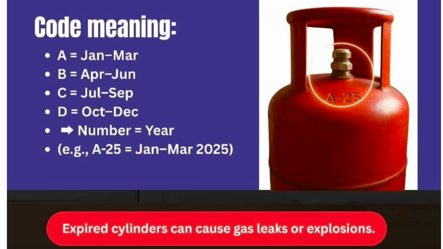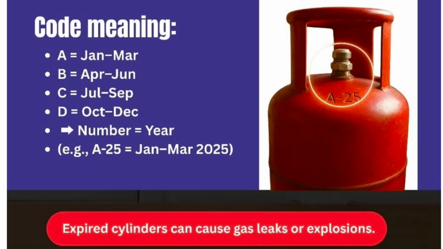The letter represents the month, and the digit represents the year. Are we together? That means if you find A25, that cylinder was manufactured or tested between January and March 2025. If you find B25, it means it was last tested or manufactured between April and June 2025.